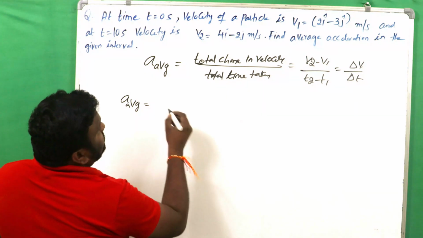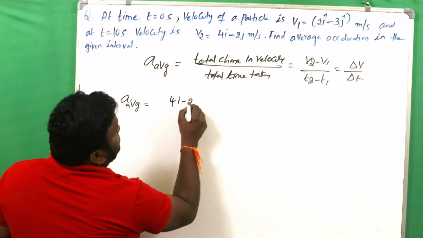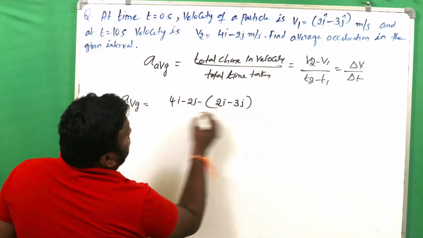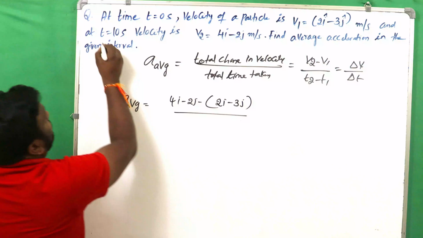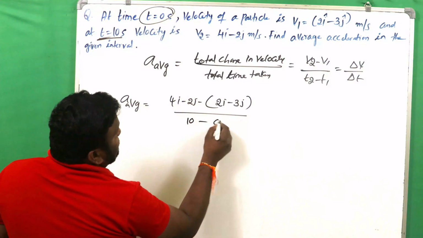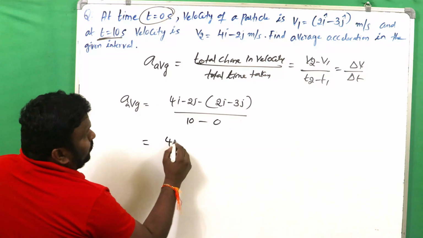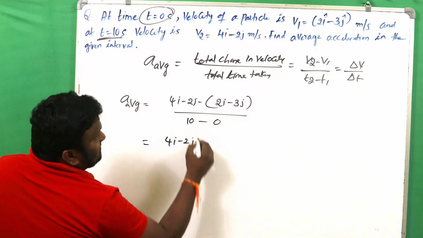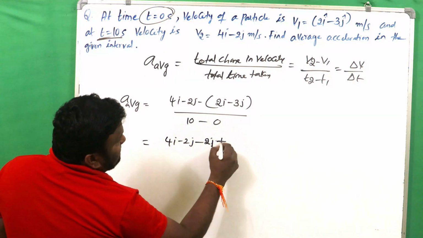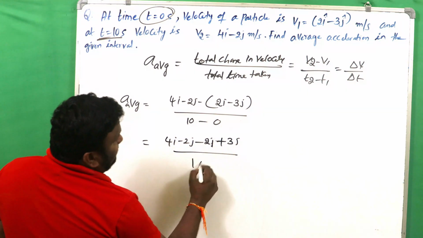Simply, v2 is 4i minus 2j, minus (2i minus 3j), by t2, which is 10 seconds, minus t1, which is 0 seconds. That is 4i minus 2j minus 2i plus 3j, by 10.